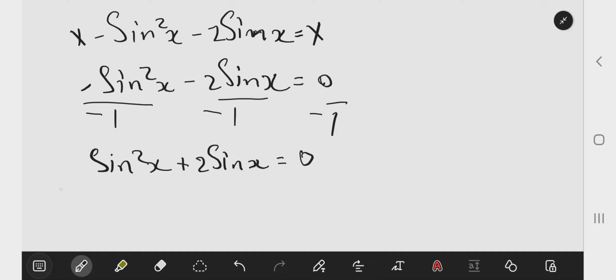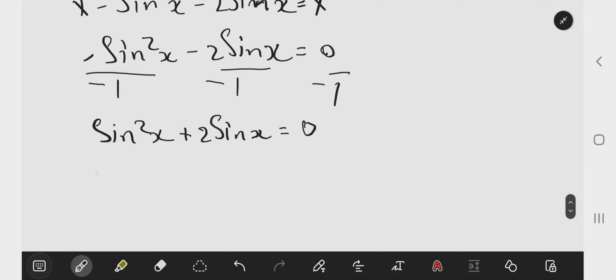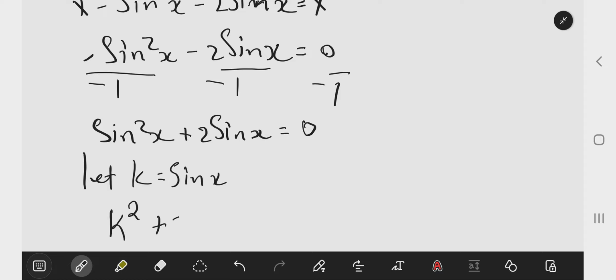So ungafactor out u-sin x ke la kusale u-sin x no 2. But enye approach futhi la ungasebenzisa yona le k method la ukuthi let k is equals to sin x. Awubona khona u-sin x ufaka u-k, so lana kuzothi k squared plus 2k equals to 0, bese siyasolve-ke uqhubeka ngama steps esenze ngawo ale k method.